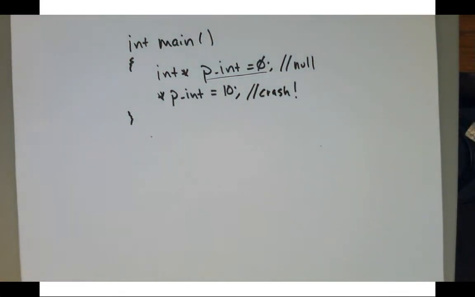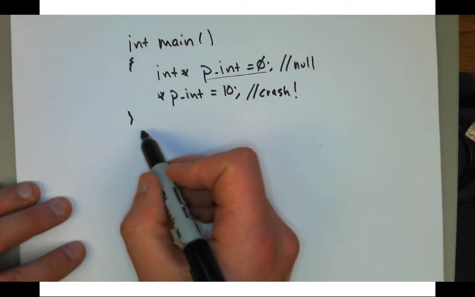And that's kind of by design. We can prevent a certain type of error if, as soon as we're done with a pointer, we assign it a null value. Then if we accidentally ever use it in the future, the program will crash. Okay, so that's one thing that can happen.